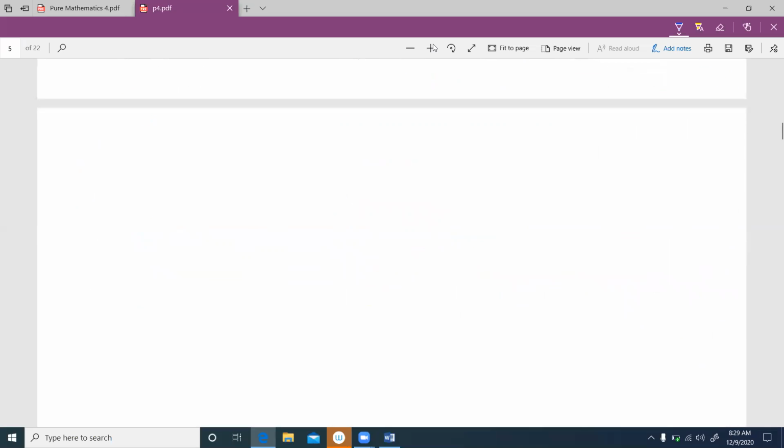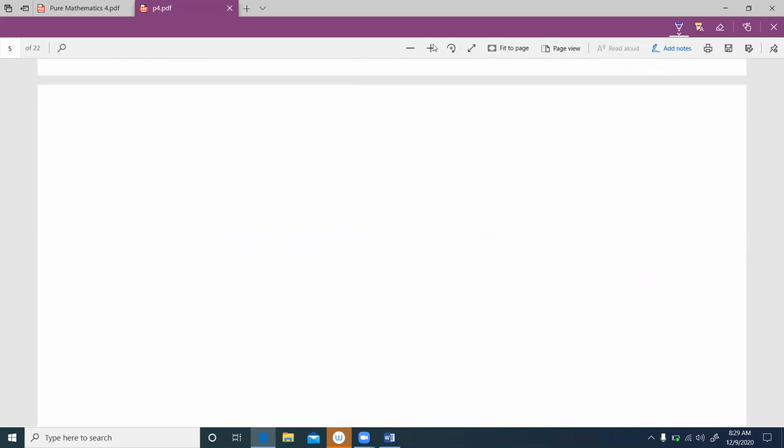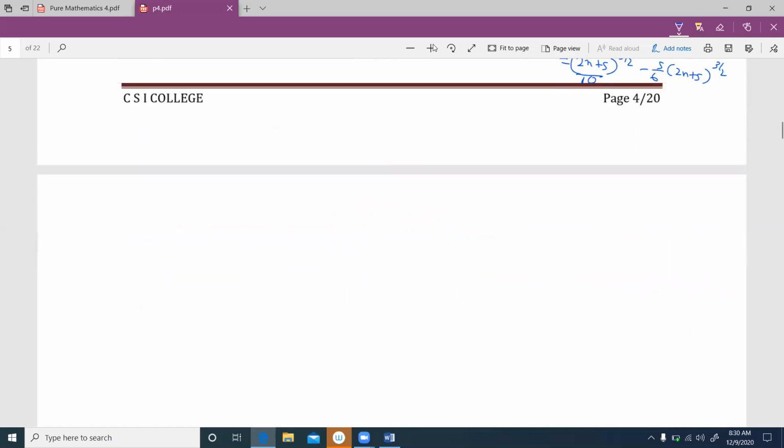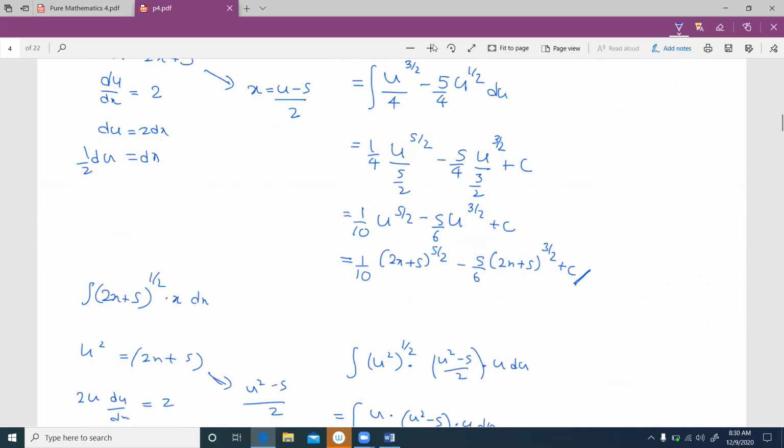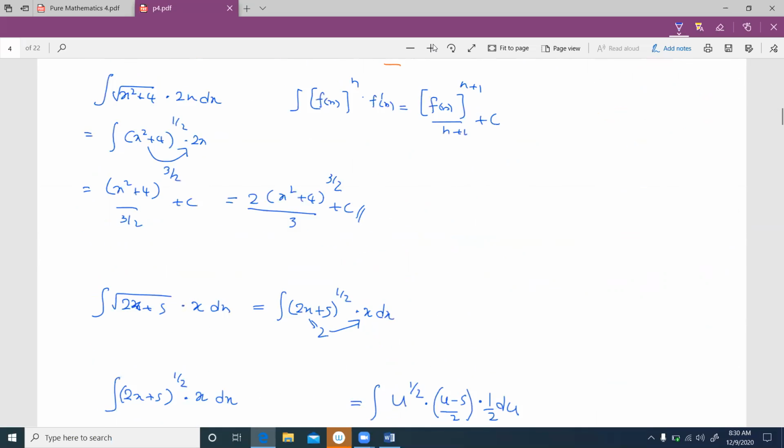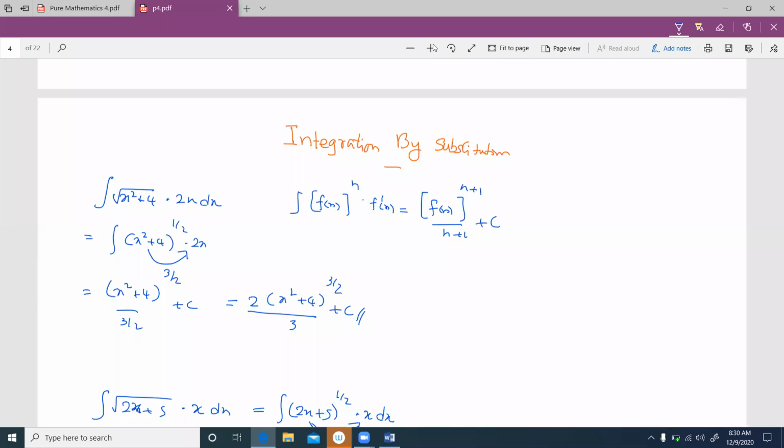Sometimes certain substitutions may not be appropriate, but in most situations we can work it out. Now the problem is that there is another concept we have to understand. Integration by substitution is only one way.